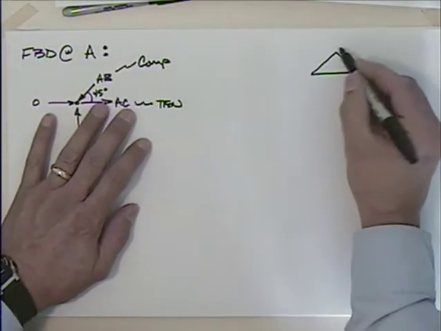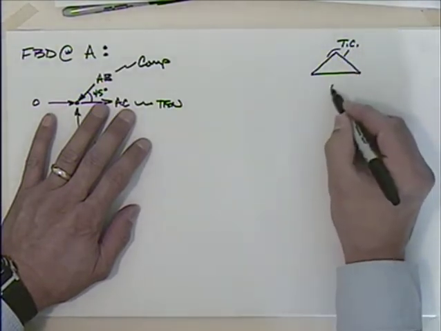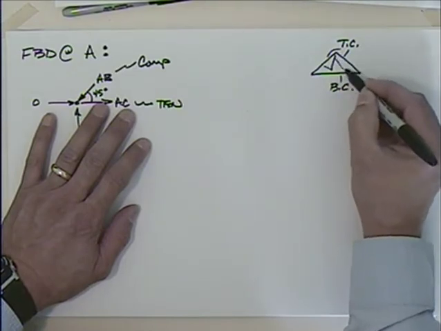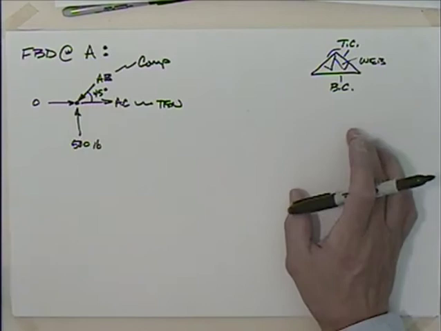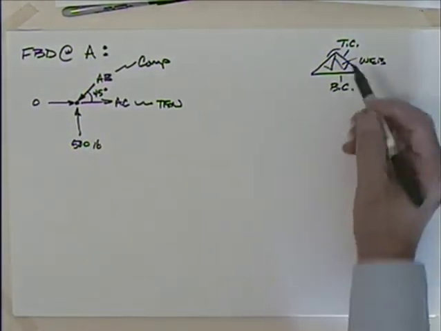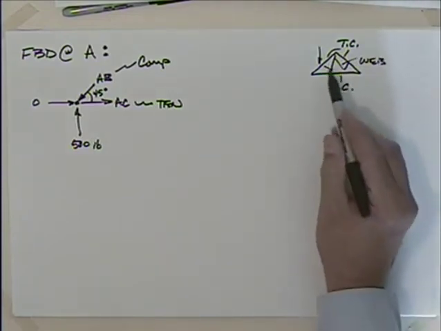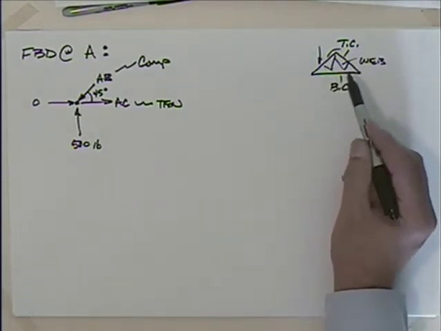You talk about the top chord, those pieces. The bottom chord, those pieces, and these pieces in between are called the webs. For a lot of trusses, when they're loaded in their use, the top chords are in compression, the bottom chords are in tension, the webs are a little harder to figure out.